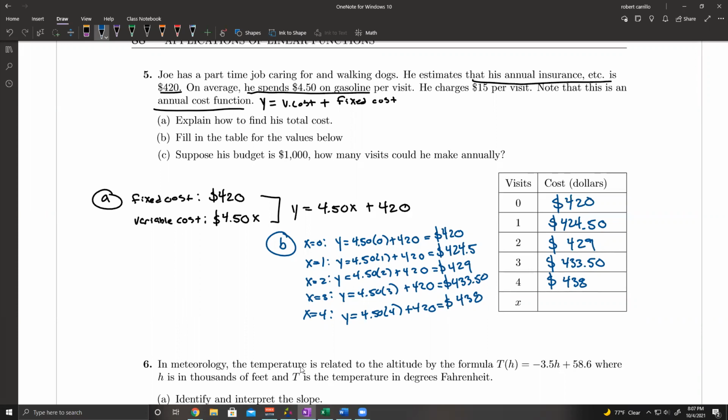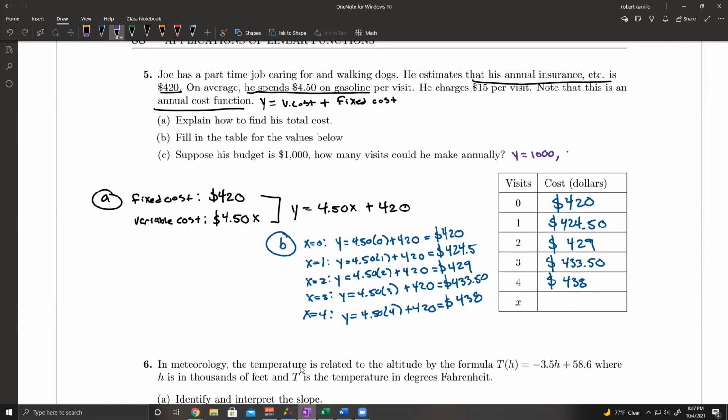All right. So that finishes B. All we had to do is plug in those X values into our linear model. And then C says, suppose his budget is $1,000. How many visits could he make annually? So for C, it's kind of like the questions we handled earlier today.